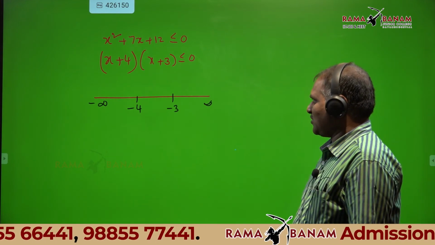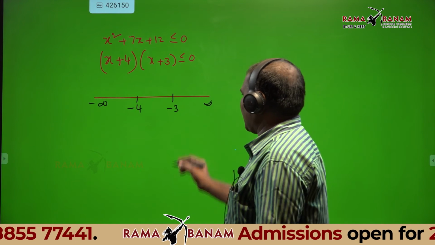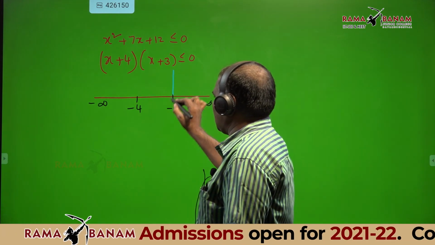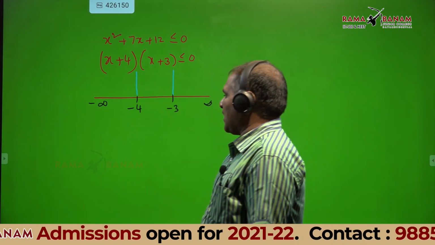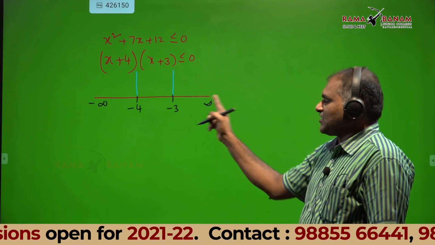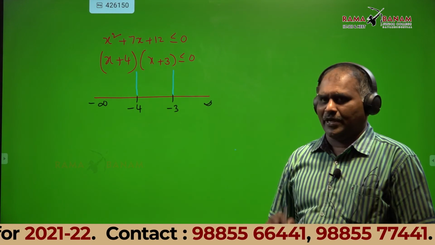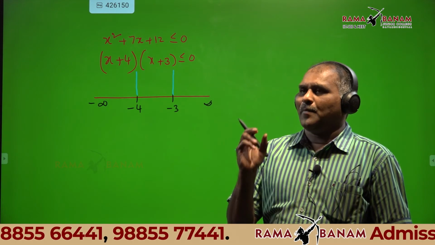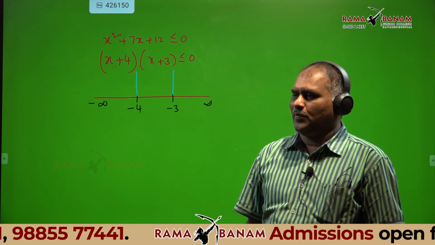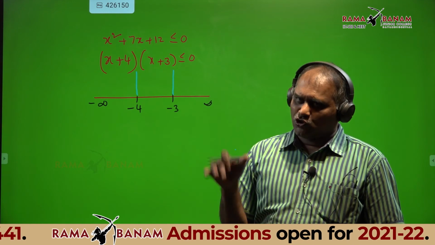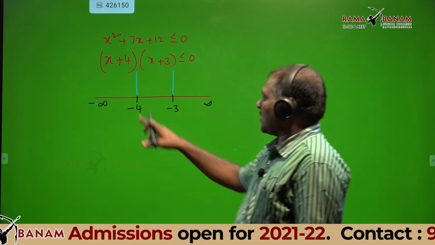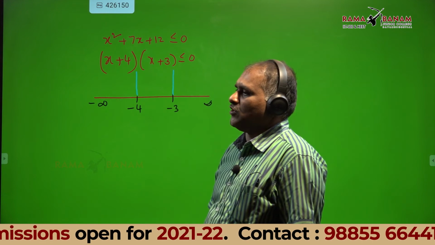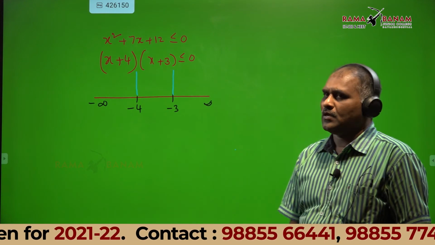Very good. Listen, there will be 3 partitions. Minus 3 to infinity, same method: in between, any x value you can take. Take minus 2. What is minus 2 plus 4? 2.